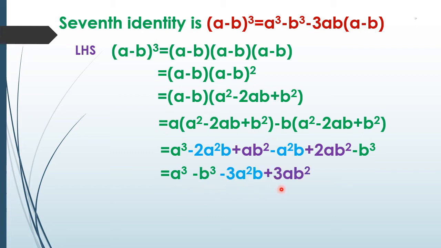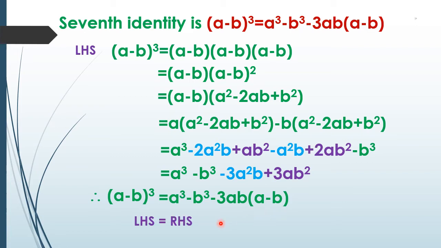This implies a cube minus b cube. Here minus 3ab is common. Minus 3ab inside the bracket (a minus b). Therefore (a minus b) whole cube is equal to a cube minus b cube minus 3ab inside the bracket (a minus b). LHS is equal to RHS.